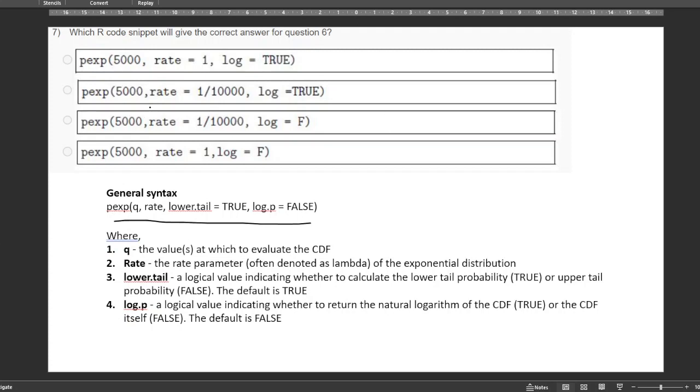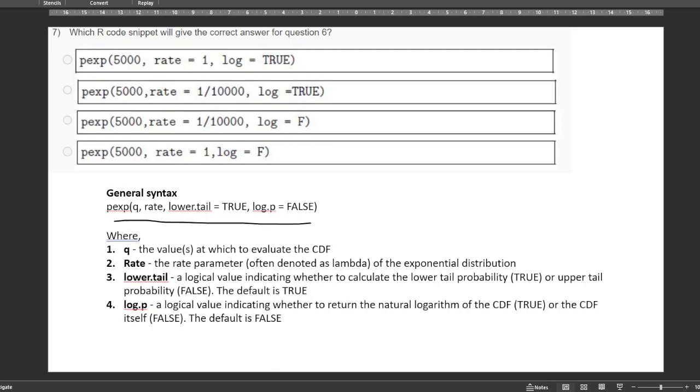So here, if we see the previous question, right? Yeah, this question.